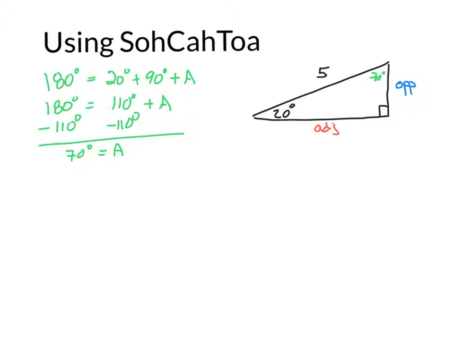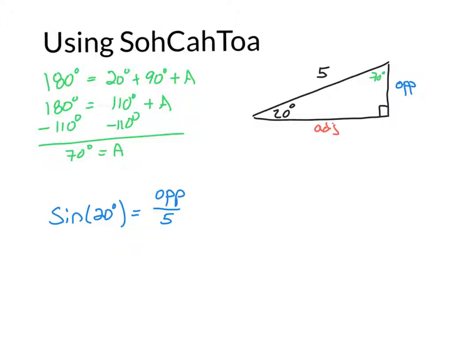So the sine of 20 degrees is equal to the length of my opposite side divided by my hypotenuse, which is 5. In this equation, I have all of the information except for the length of the opposite side, so I can solve for that.